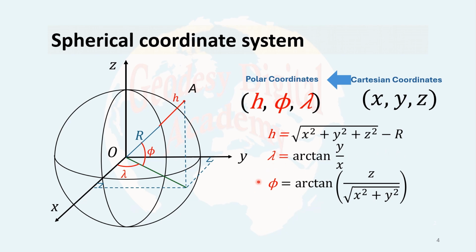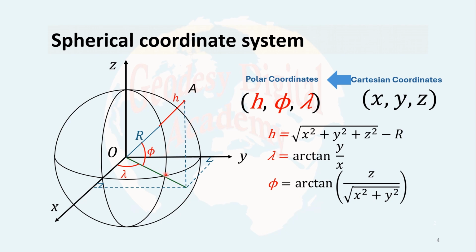Lambda has the same formula as before, and phi, or geocentric latitude, is very similar here. Exactly based on the Cartesian coordinates, we can say that this side is the square root of the sum of the squares of the other coordinates x and y, and zeta or z we have here, and the tangent of this geocentric latitude is this side over this side.